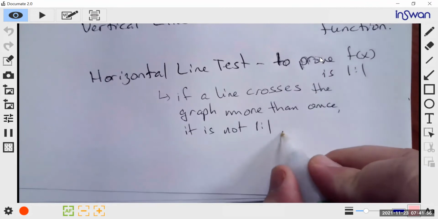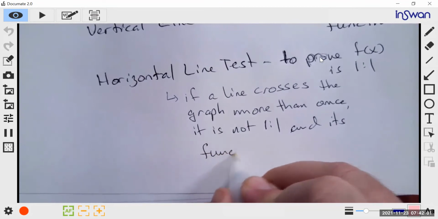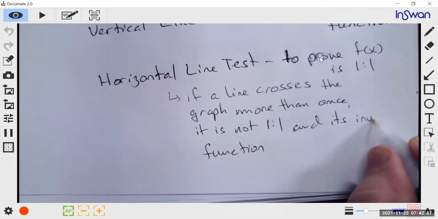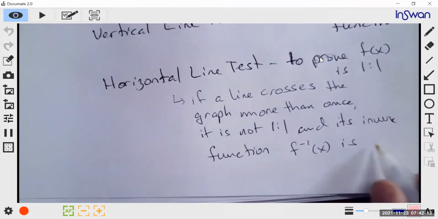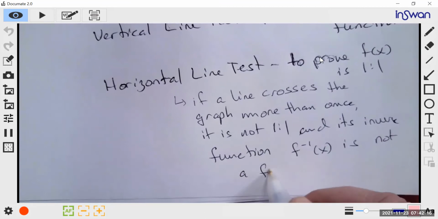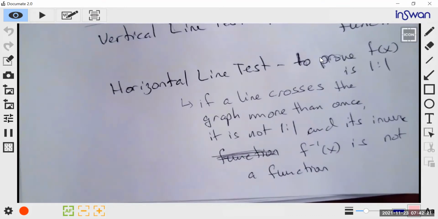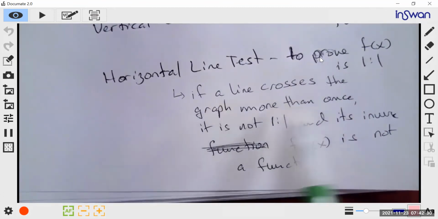If it's not one-to-one, its inverse is not a function. So the horizontal line test proves if it's one-to-one. If a line crosses the graph more than once, then it's not one-to-one, and its inverse is not a function.